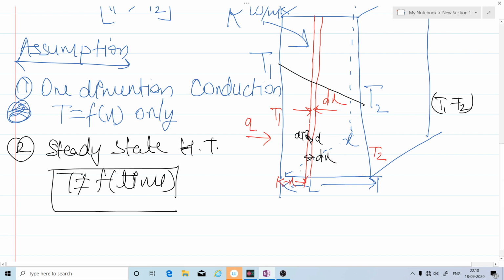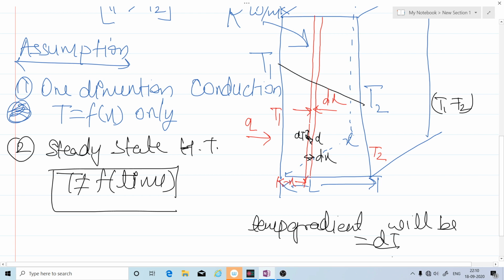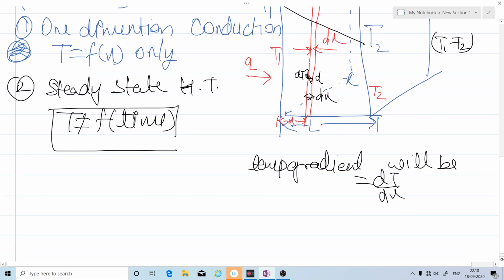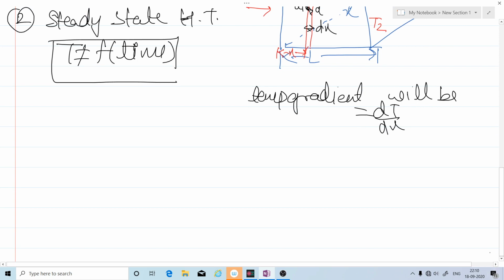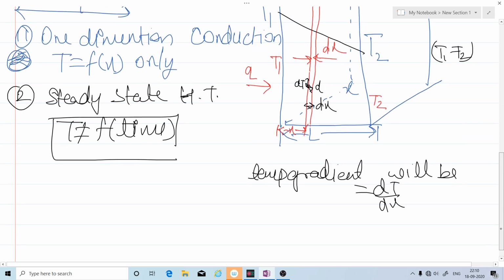Therefore, for this particular section, the temperature gradient will be dT over dx. This is a very important thing to understand.